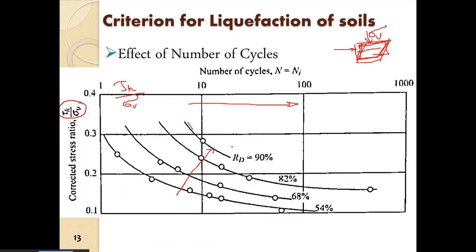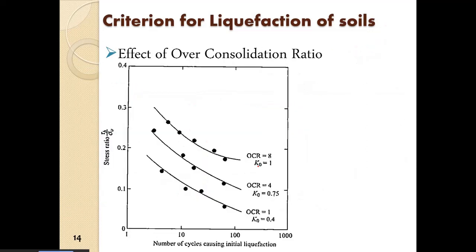Of course, again with OCR we can say the same thing. With increasing OCR, the over consolidation ratio, that means the soil is being consolidated, so the void ratio is less, and the relative density is high, whichever way you say. So increasing OCR means the soil is consolidated. So definitely with increasing OCR we need a higher stress ratio for the same number of cycles.